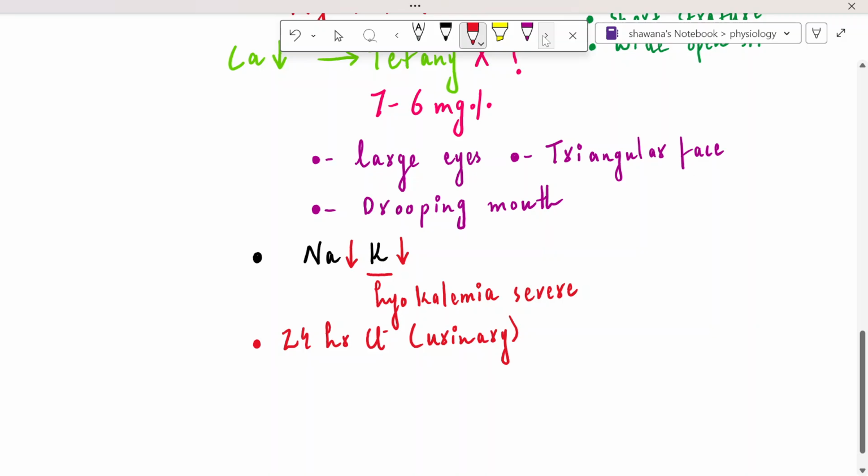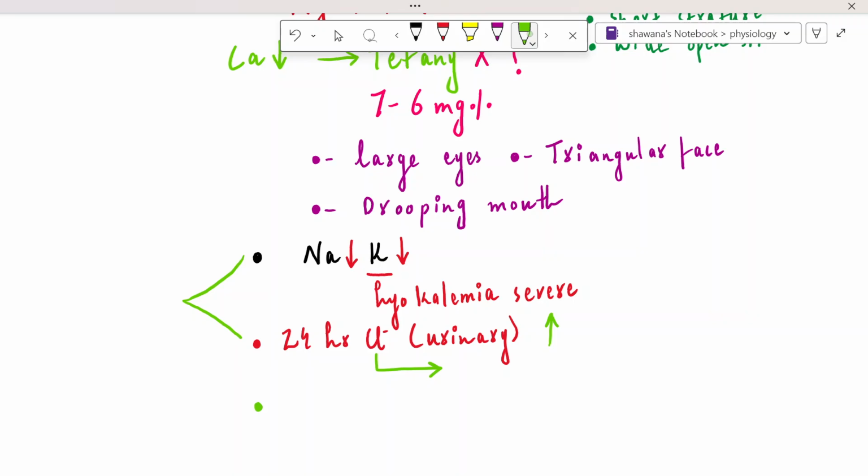So 24-hour urinary chloride will be increased in this condition, right? But in Gitelman syndrome, these things were also there: low serum sodium, low serum potassium, and elevated 24-hour urinary chloride. But how do we differentiate between Gitelman syndrome and Bartter syndrome?